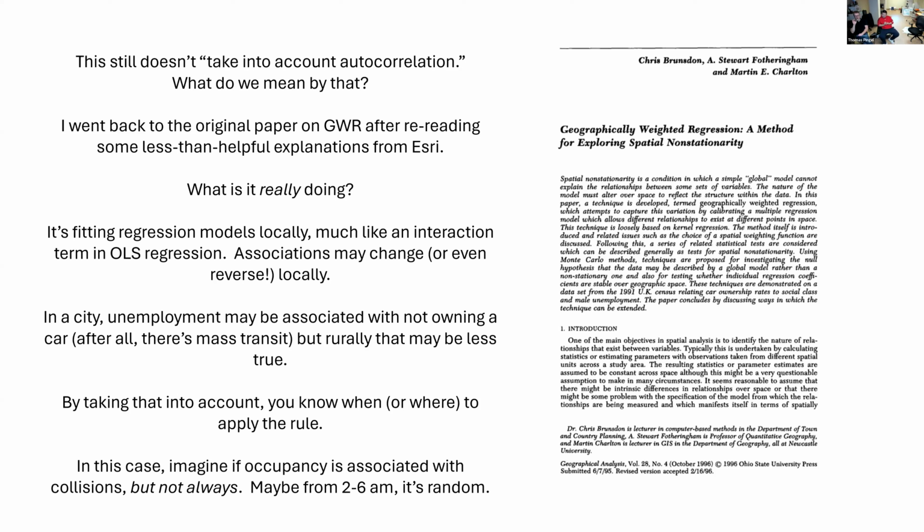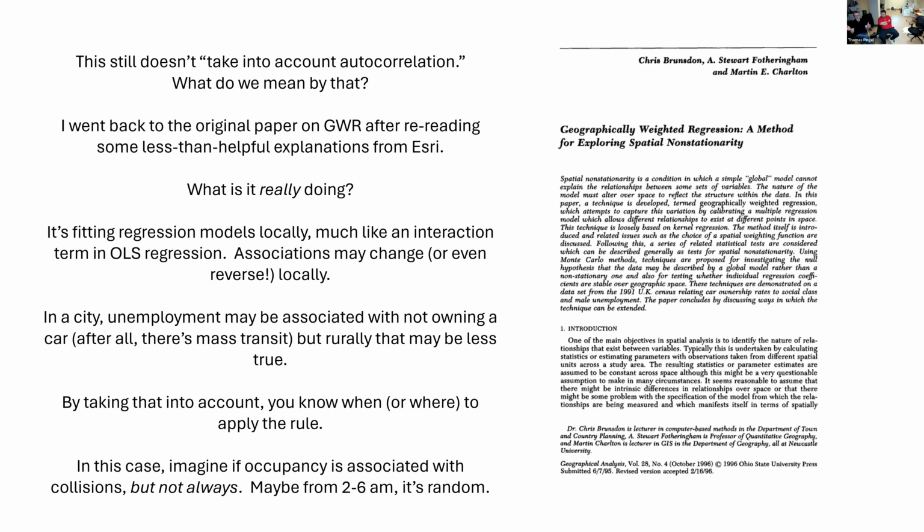And that's what I would say happens spatially with geographically weighted regression. The example they give in the paper has to do with car ownership. The idea here is that, broadly speaking, unemployment is associated with not owning a car. This is from a while ago, but if you lose your job, you can't afford your car, so the more unemployment, the fewer cars.